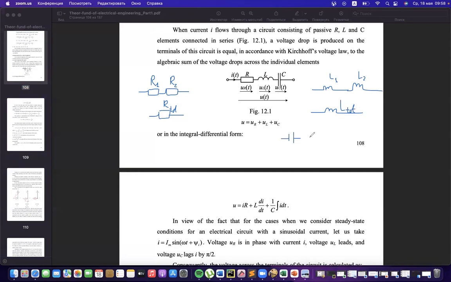If you have 2 capacitors, you could add them as total capacity using the complex resistivity of this element. Then in any case, after all simplification, as many elements as you have inside your branch, you will get only 3 main types. That gives you 3 main voltages.